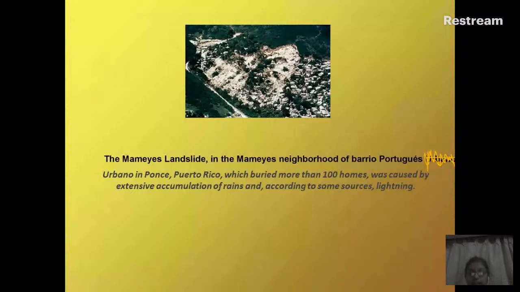It was caused by extensive accumulation of rains and, according to some sources, lightning. So you can see that in this picture the whole area has been destroyed.